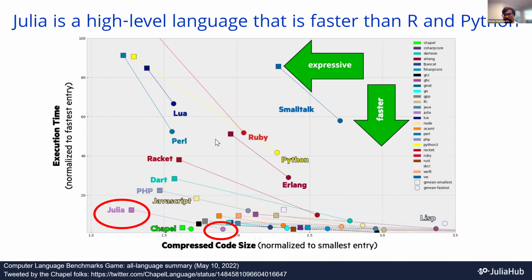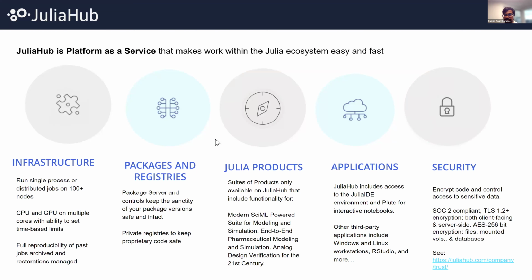What we do as a company is we build products for Julia users. We provide a cloud-based platform called JuliaHub, which is a platform as a service. It has a bunch of enterprise-ready features, such as security with SOC 2 compliance and so on.